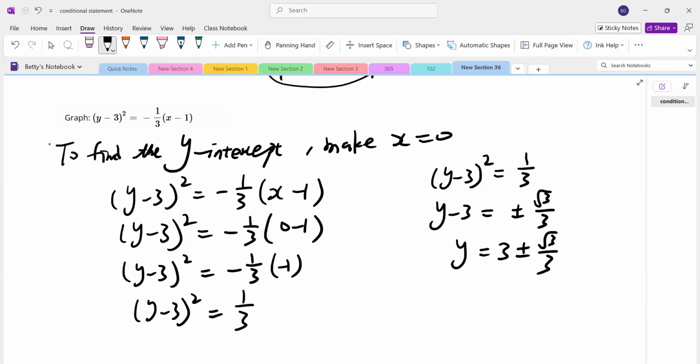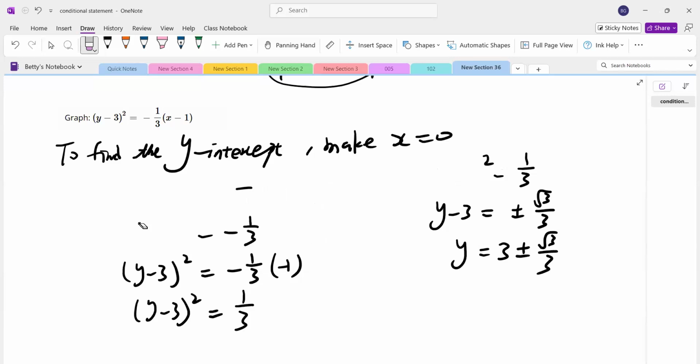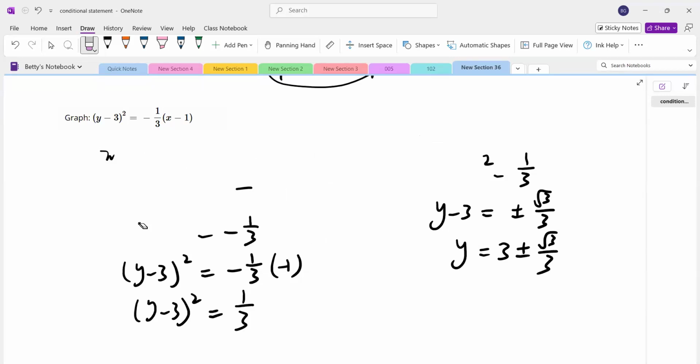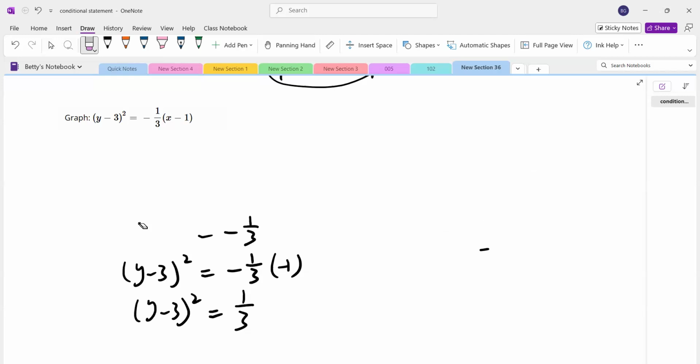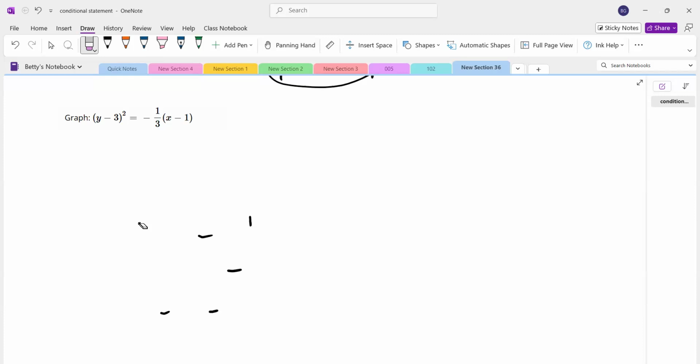Let's see, what do we want to have? What if we plug in 4? Let's see what we have. Trial and error. We already have the vertex. We just need one more point.